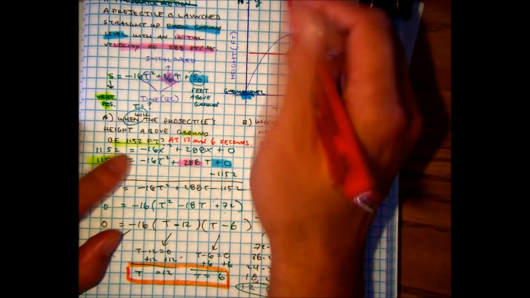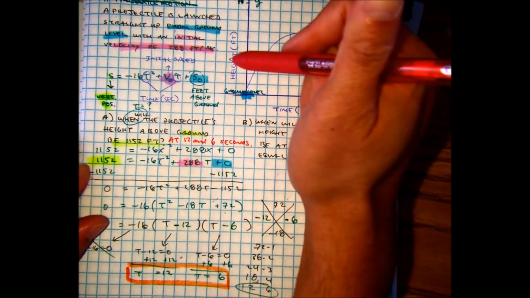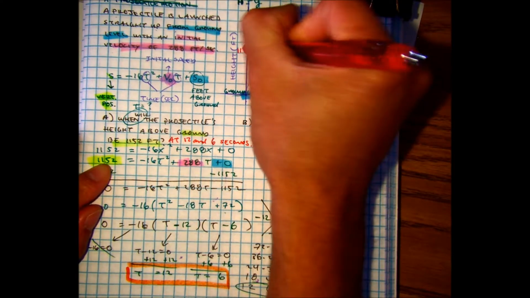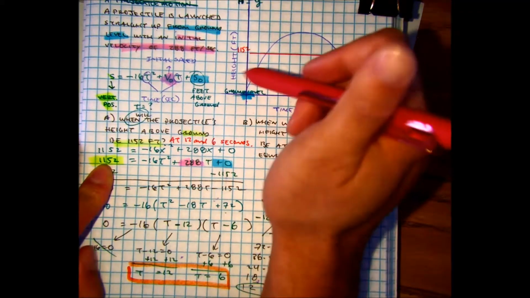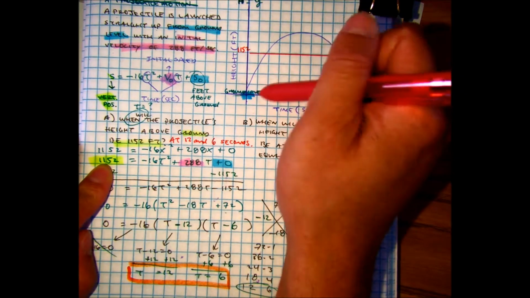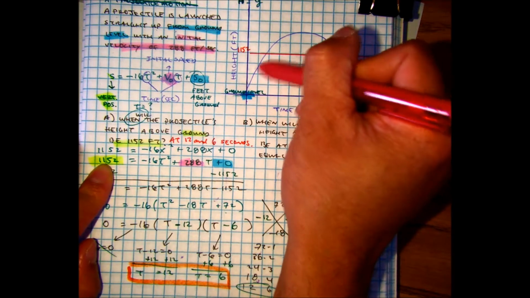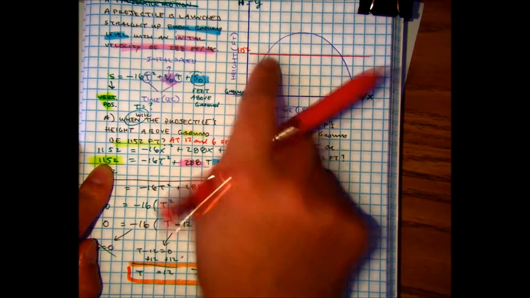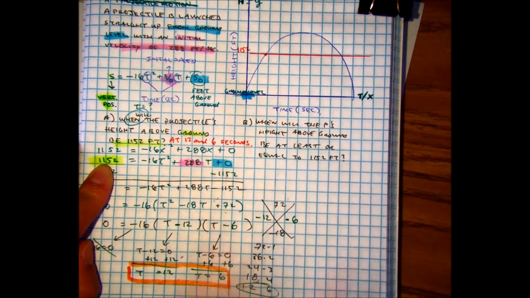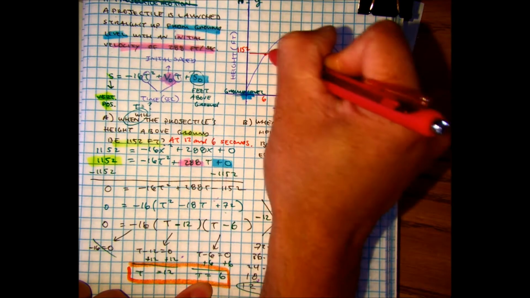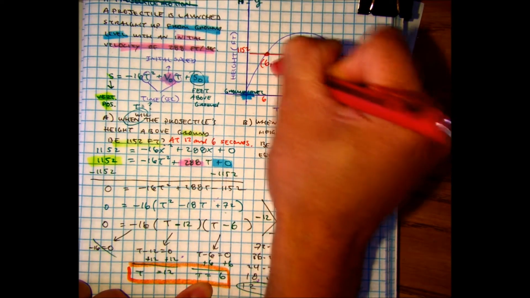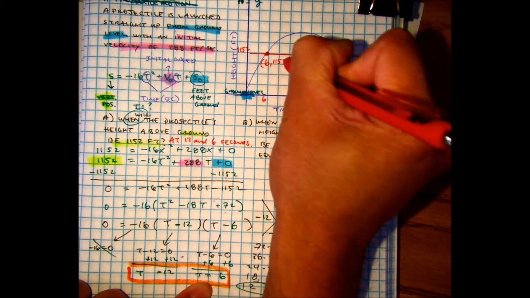I'm just going to arbitrarily put this at 1,152. It's saying that your ex-boyfriend's teddy bear is flying in the air, and they want to know when it's exactly 1,152 feet in the air. Well, that would be at 6 here. So 6, comma 1,152.